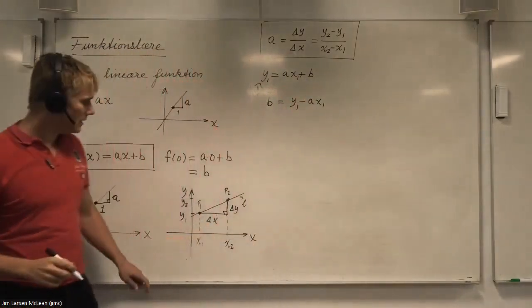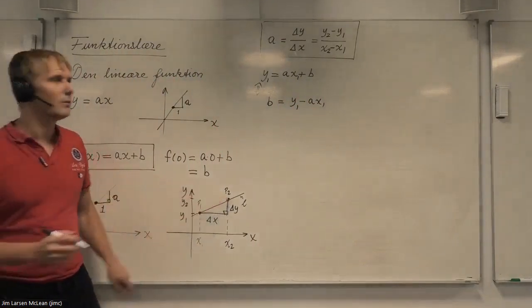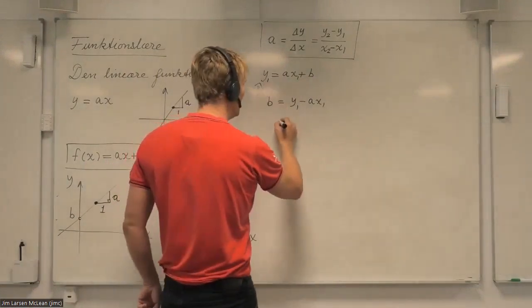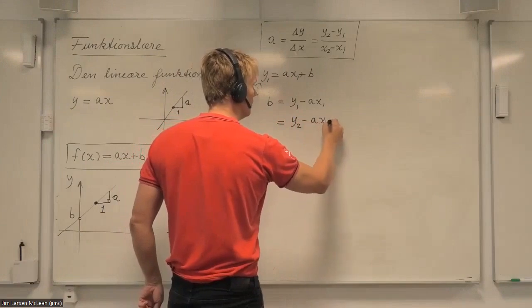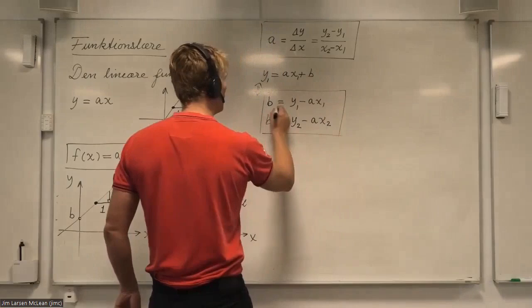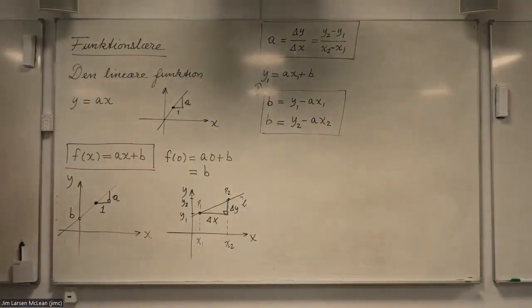But we also know that besides point P1 being on the line, P2 is also on the line. So you could also choose to write a 2 there and a 2 there. So this would be the same as if I just wrote y2 minus a times x2. So you can choose yourself whether you find b like this or like that. It's your choice.